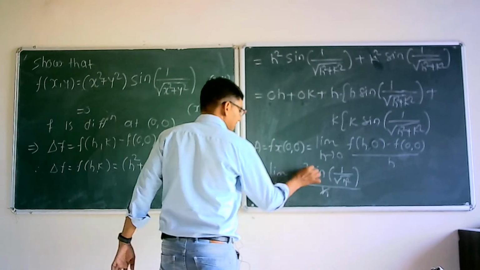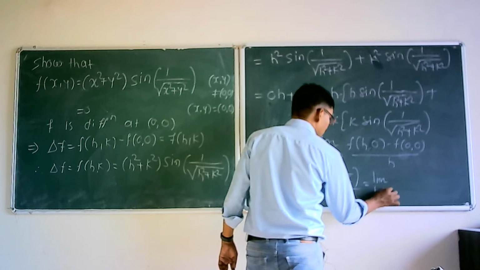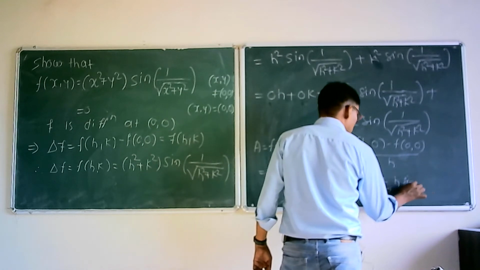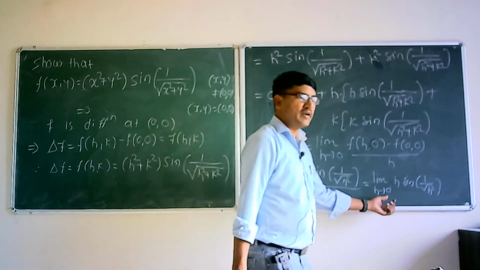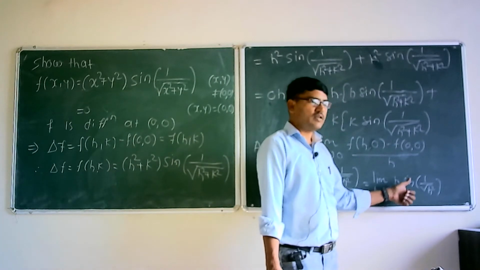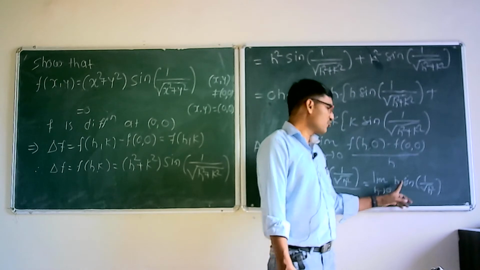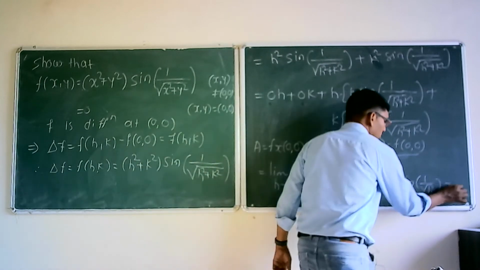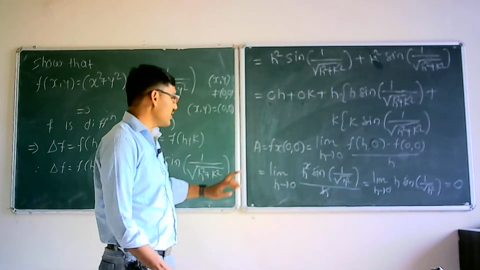So one h will get cancelled here, and it is equal to limit h tends to 0 of h sin(1/√(h²)). Since it is multiplied by h, this limit exists; if it were not multiplied by h, then this limit would not exist. But if you observe here, 0 multiplied by any bounded term, this whole term is equal to 0 as h tends to 0. So here A is equal to 0.